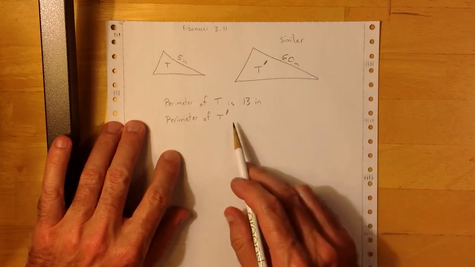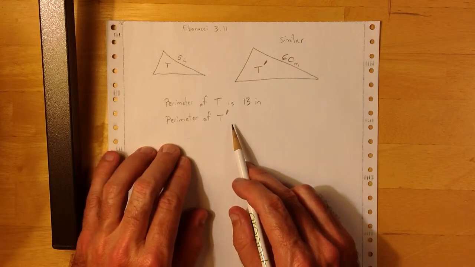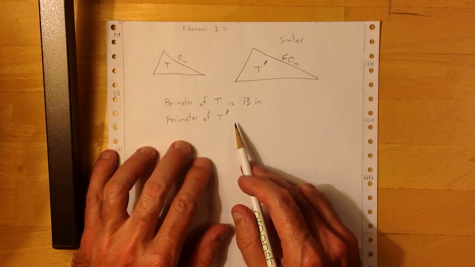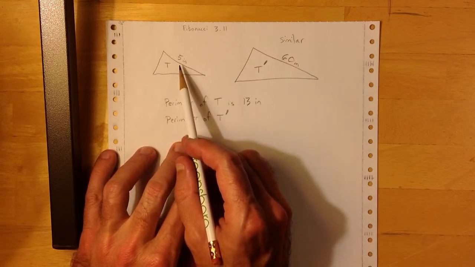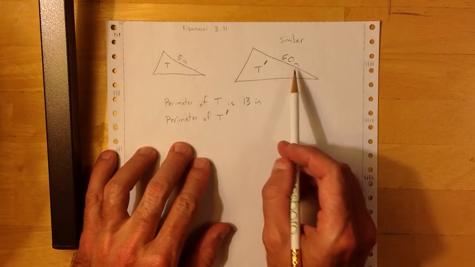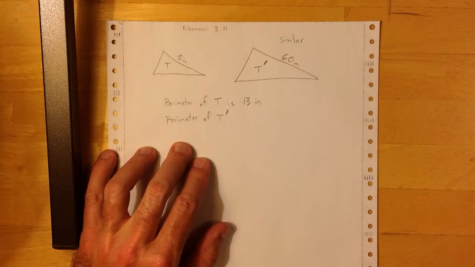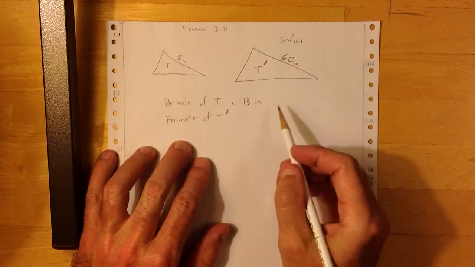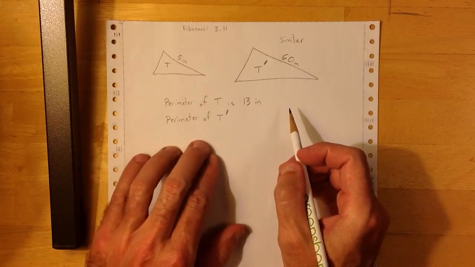But if you'll notice, they ask for the perimeter of T prime in meters. The first triangle is in inches units, and T prime is in meters units. So you must be careful with this one.